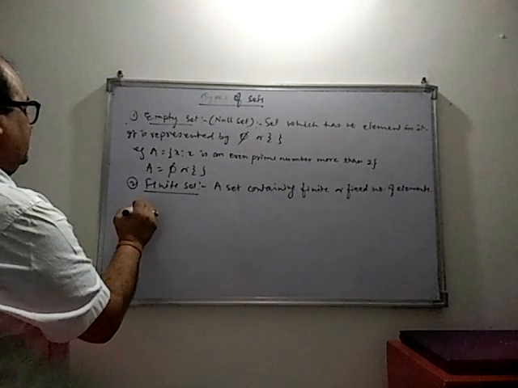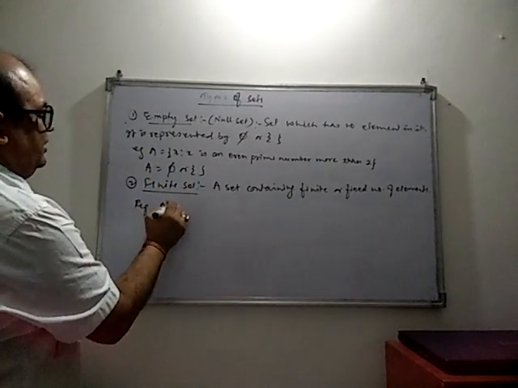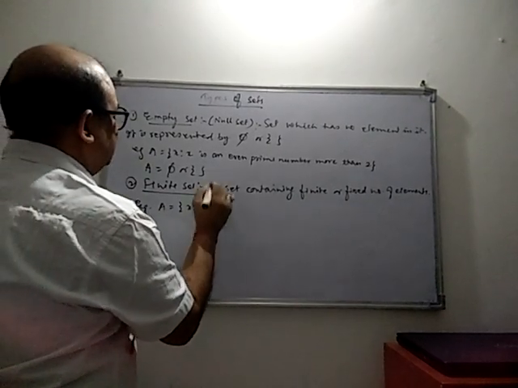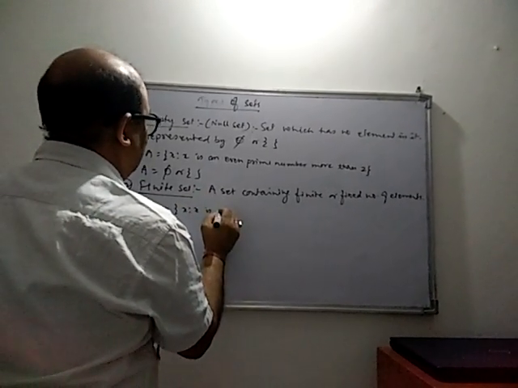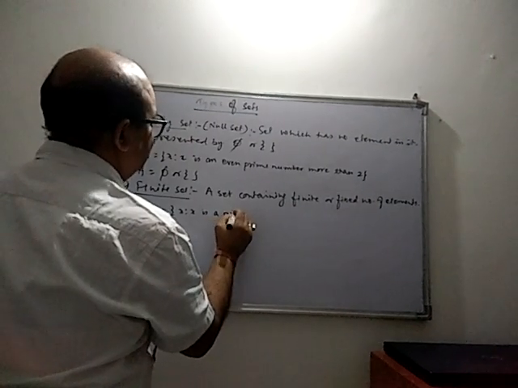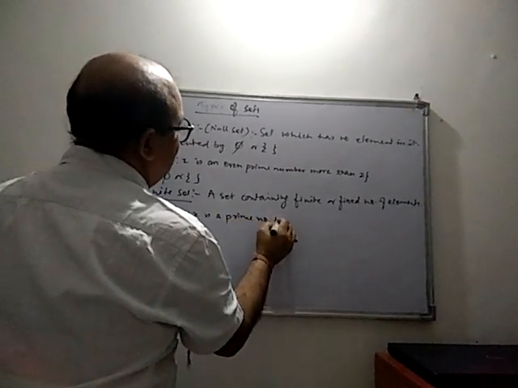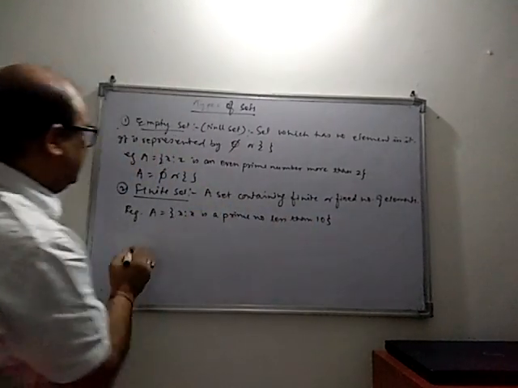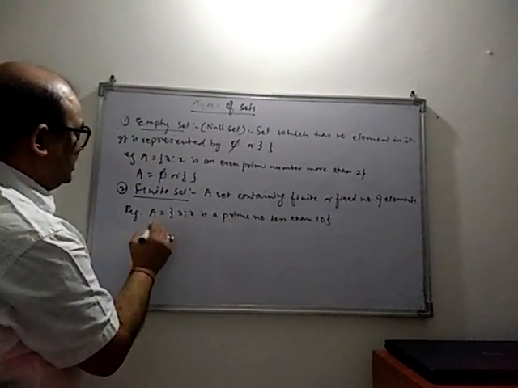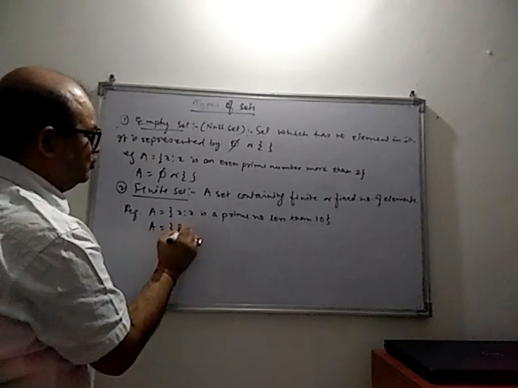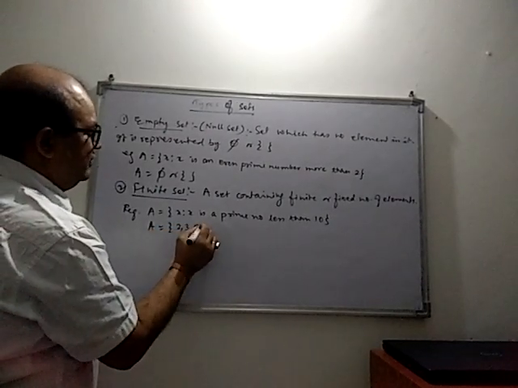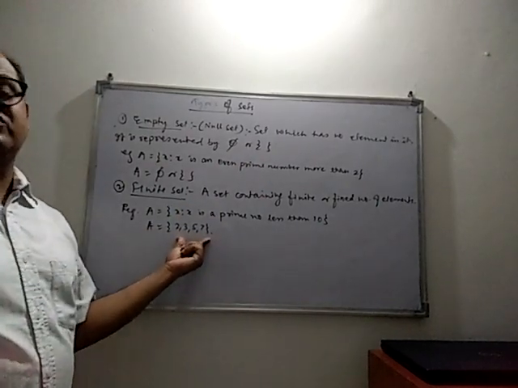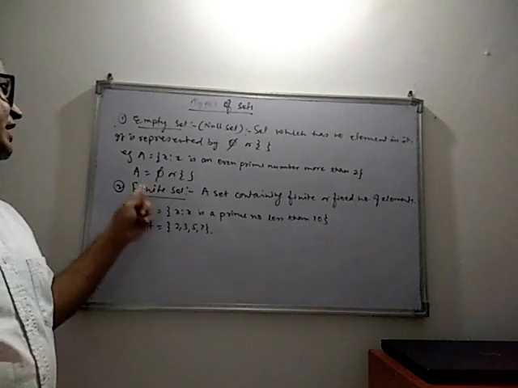For example, A is the set of x such that x is a prime number less than 10. This can be written as 2, 3, 5, 7. It has a fixed number of elements, so it is a finite set.